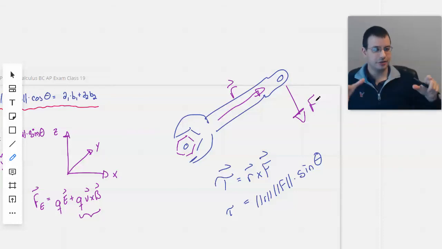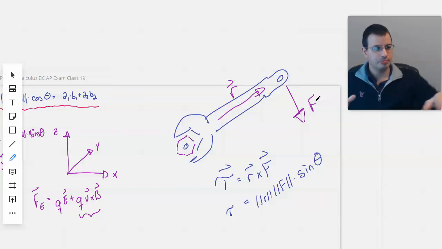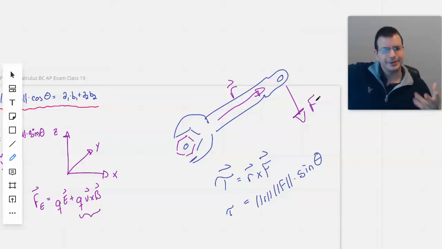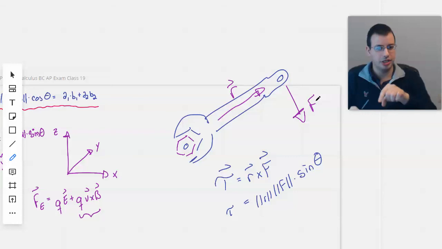And the idea is, if you've noticed when you're pulling on a nut with a wrench, bigger wrenches are better. Bigger wrenches are better because it gives you more moment arm. Moment arm? Is that the right name? I don't know. More radius to pull with. But then when you pull, you also want to pull perpendicular to the wrench.